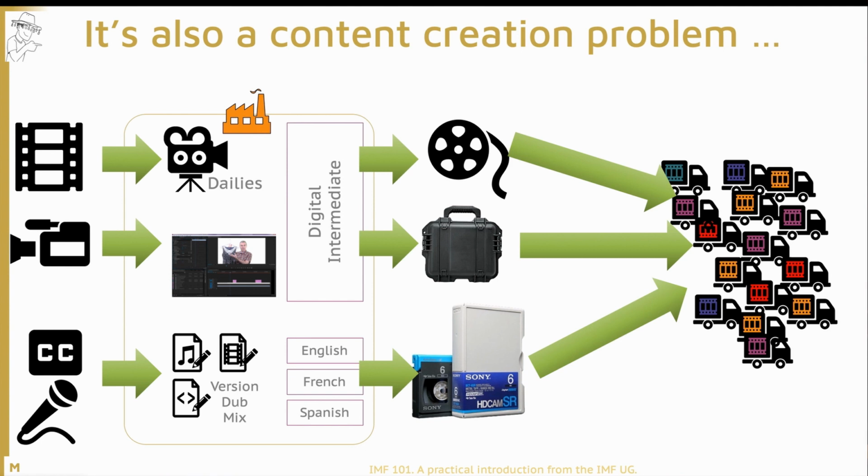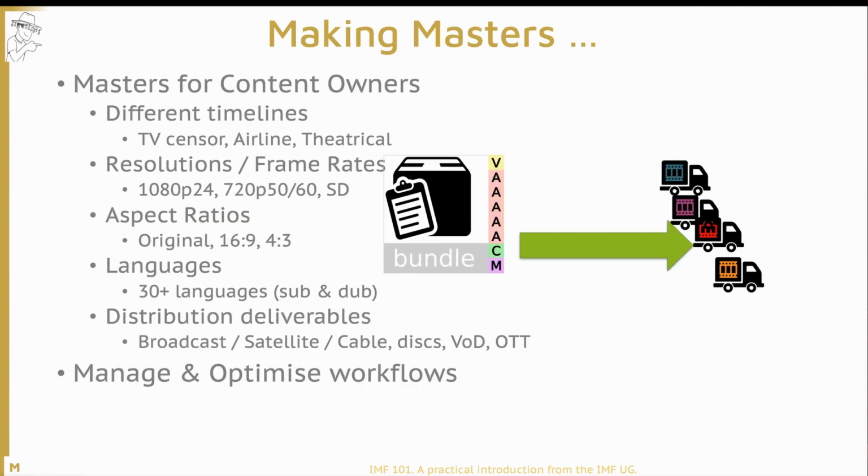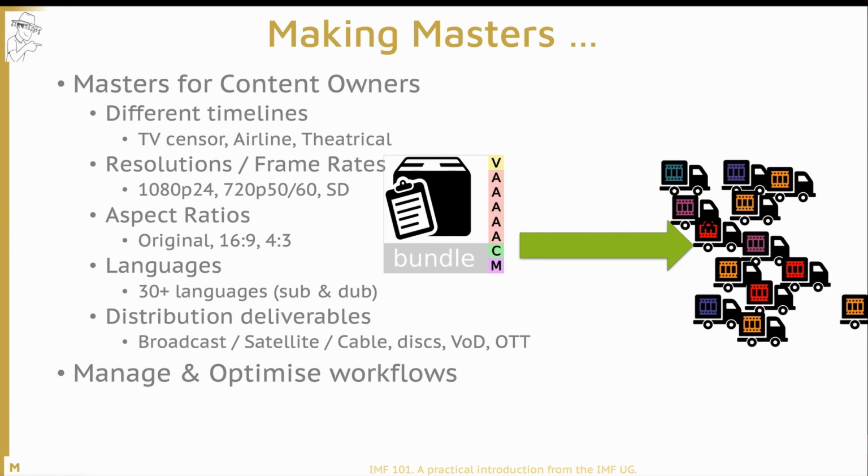So we're mastering for different content owners, for different timelines, for different reasons, different resolutions, aspect ratios, all that randomness that takes place. This is the problem space that IMF lives in, and we're trying to create a standard, international standard, where everybody plays by the same rules to try and make things more efficient.